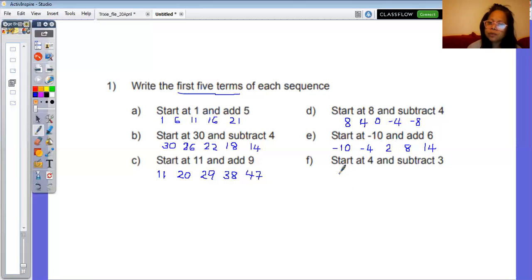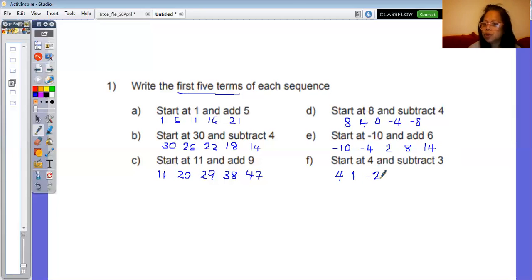Okay, for the last one, we're starting with 4. Again, really, you need to think of your number line. Subtract, so take away 3 is 1. Take away 3, so starting from 1, subtract 3 means you move from 1, 3 units to the left. So you will end up at minus 2.